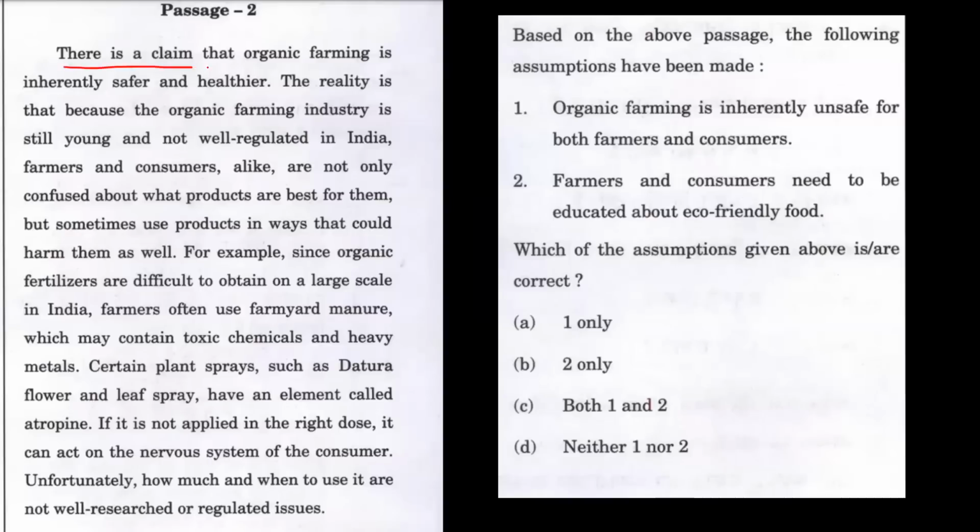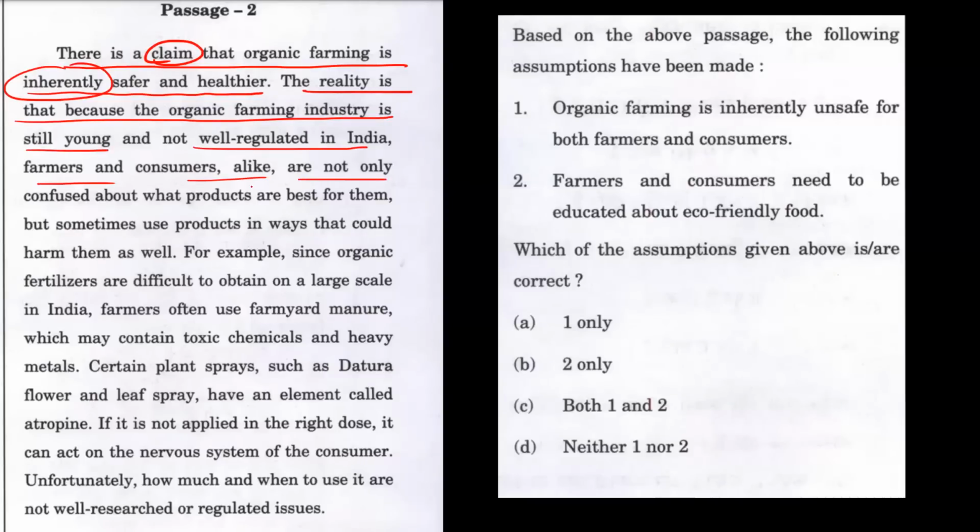There is a claim that organic farming is inherently safer and healthier. The reality is that because the organic farming industry is still young and not well regulated in India, farmers and consumers alike are not only confused about which products are best for them, but sometimes use products in a way that could harm them as well.